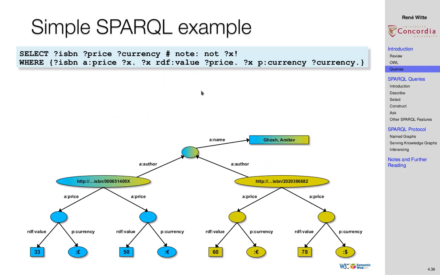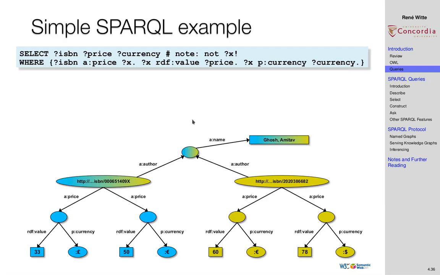Let's go back to the example we had with the bookstore. So in the bookstore, remember, we have books represented by ISBN URIs. Authors have names, and now books also have prices. And you can see for these two books, each book has a price in two different currencies. So here's a blank node, and then we have attached to the blank node the currency and the price. So this book is €50 or 33 pounds. And this one is €60 or $78.